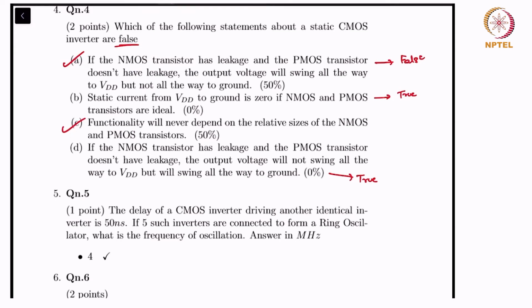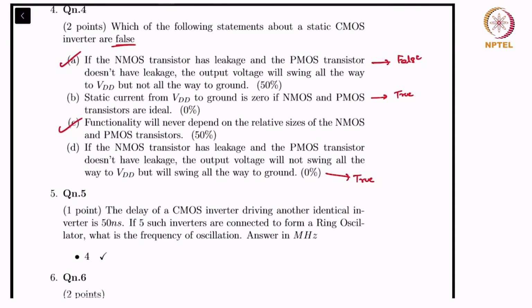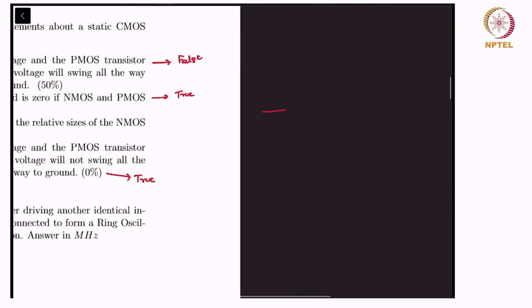The functionality will never depend on the relative sizes of NMOS and PMOS transistors. Now this is not true, because if one transistor has leakage, let's say for example that the PMOS has leakage and the NMOS is okay, but the PMOS is very large and the NMOS is very small, then even if the input voltage is VDD, the PMOS will conduct in subthreshold.